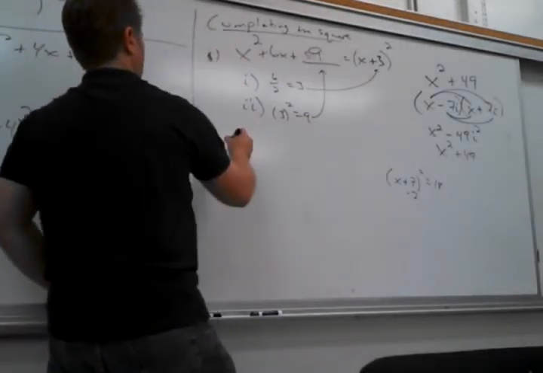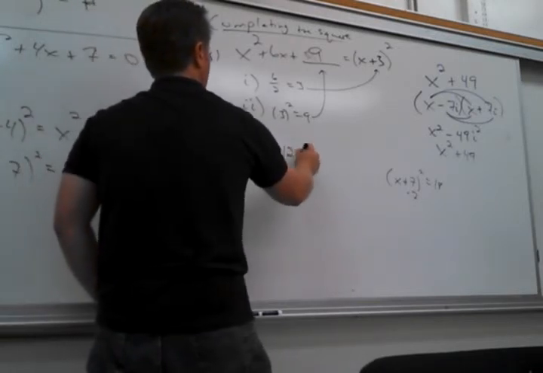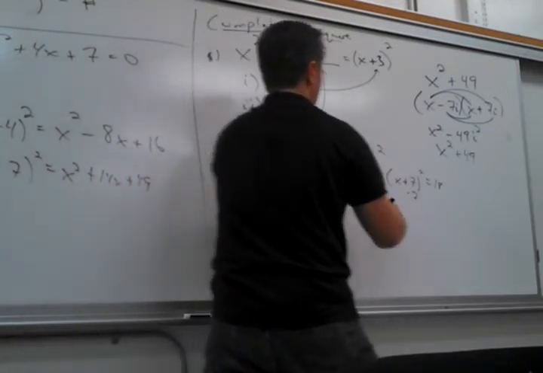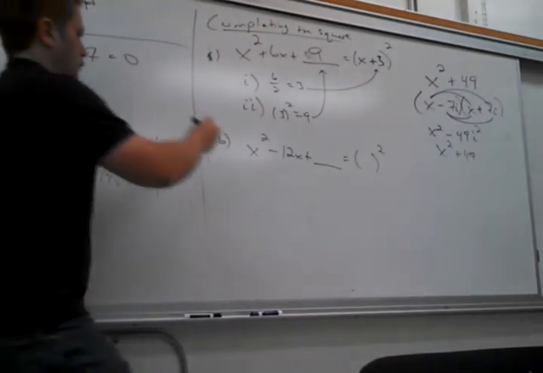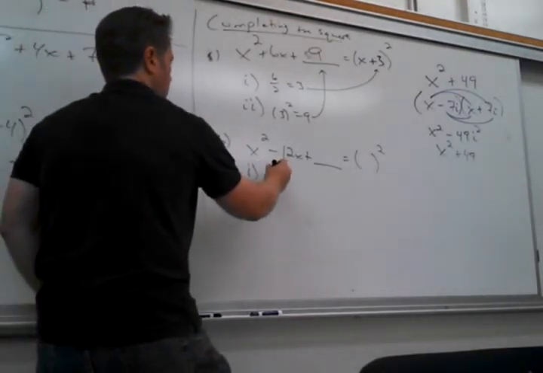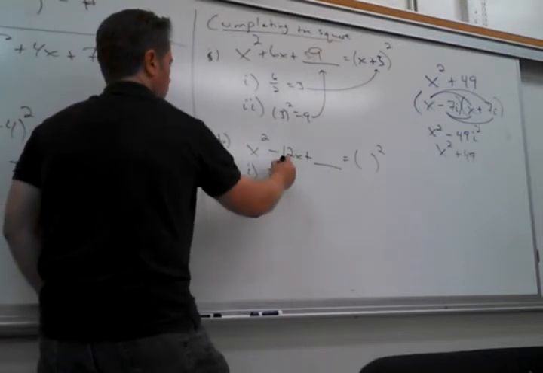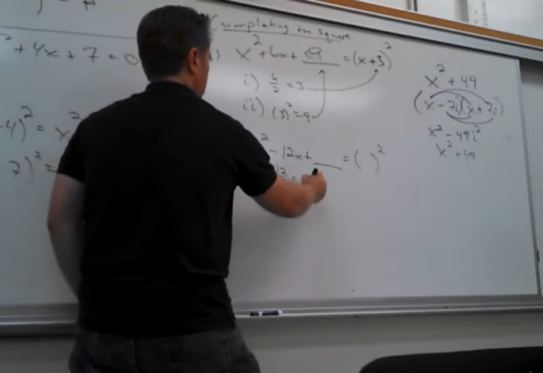So one more. We'll call it 8. If I had x squared minus 12x, what would I have to put here to make it factor correctly like I wanted? The first step, but careful. What's in the middle? Negative 12. And I do what to that? Cut it in half.